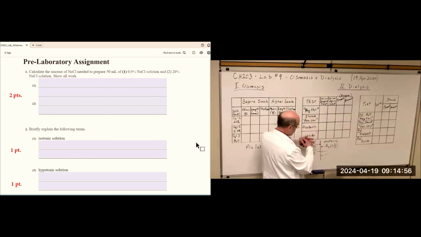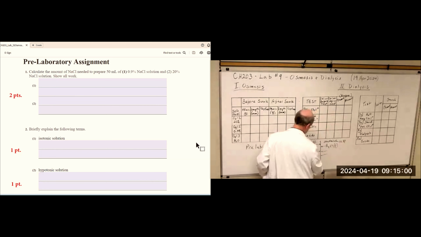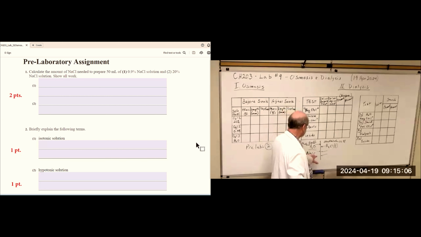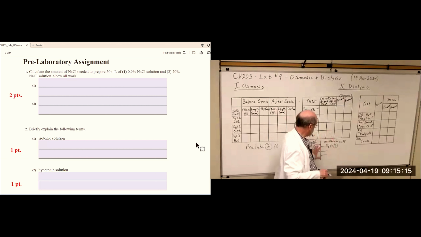If we switch the roles, if we put the cell on this side and the outside here, then the movement of water would be out of the cell. Okay? So in the isotonic situation, concentration of solute is identical on both sides.